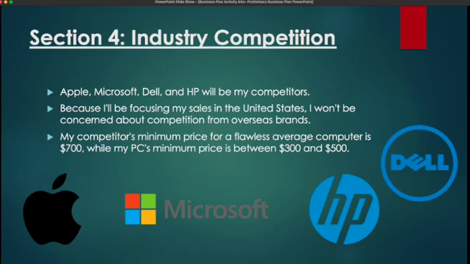On section 4, I'll be covering industry competition. As you see on this slide, I will have four rivals or competitors: Apple, Microsoft, HP, and Dell. These are the American brands which I'll be competing with.